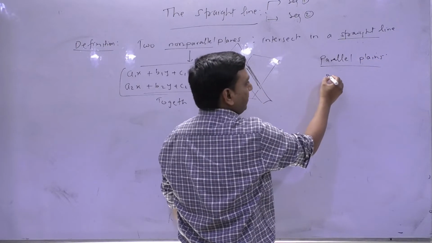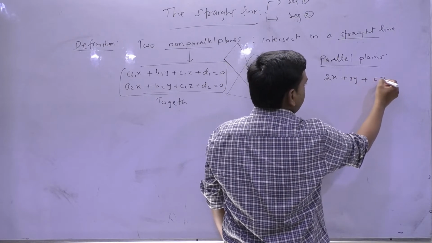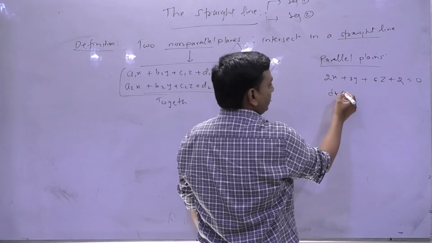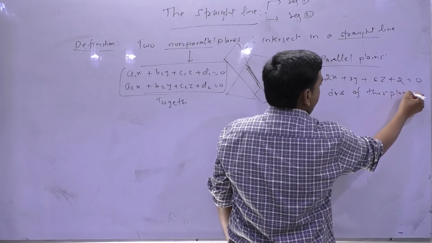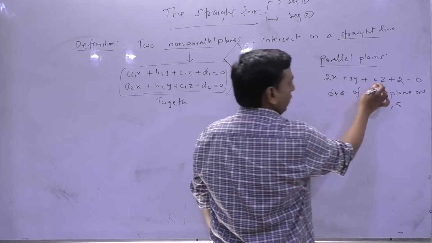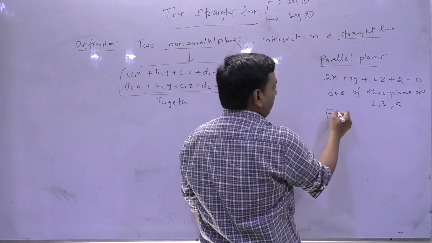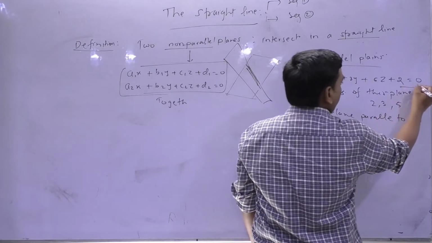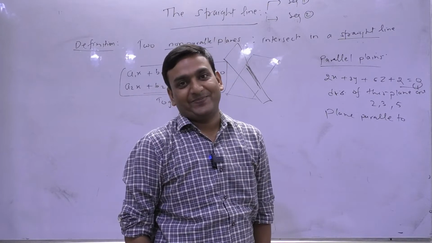Suppose we have a plane 2x + 3y + 5z + 2 = 0. What is the DR of this plane? They are 2, 3, 5, the coefficients of x, y, z. A plane parallel to this one will have the same DRs.